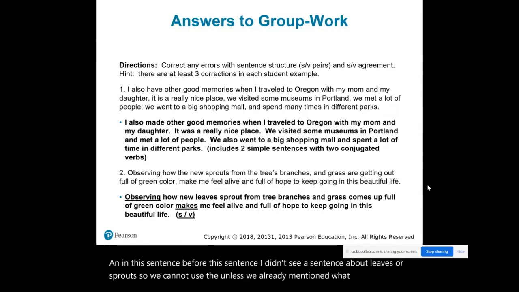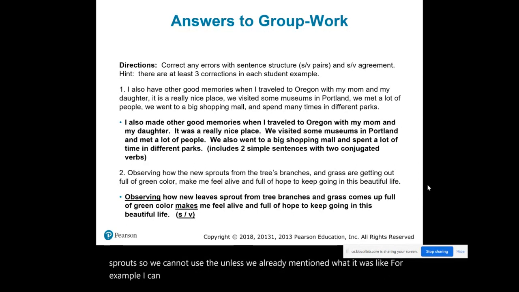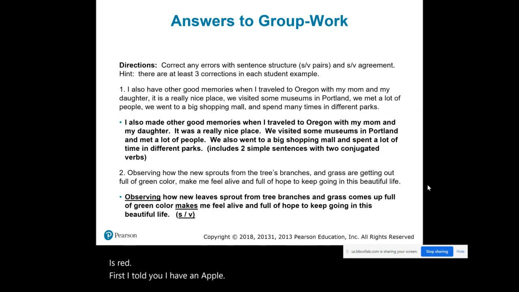Like, for example, I can say, I have an apple in my kitchen. The apple is red. So first I told you I have an apple. Then after that, I can use the to talk about the apple. Okay. And that's the same with this.